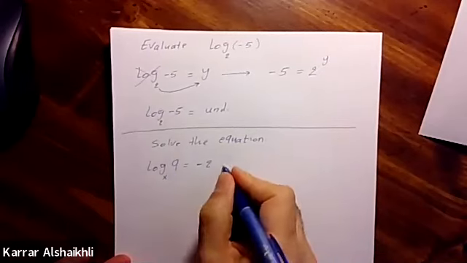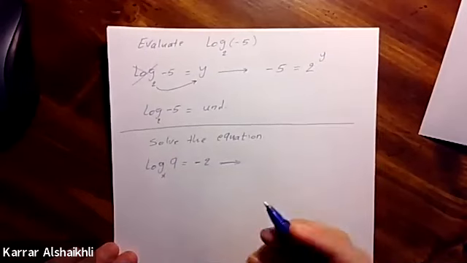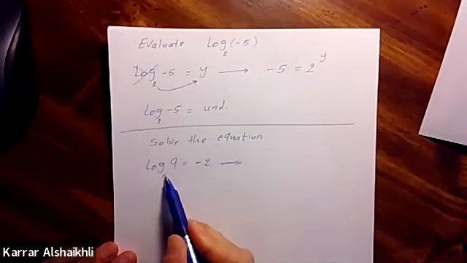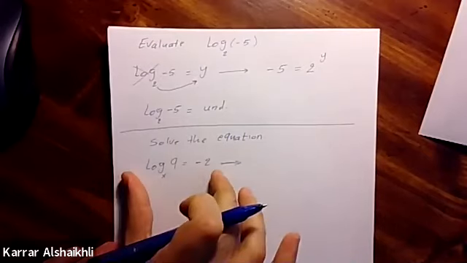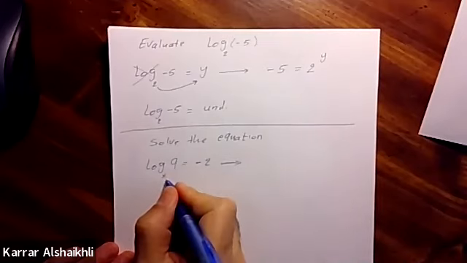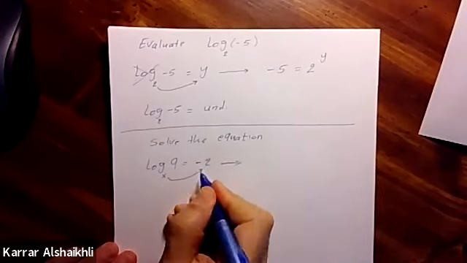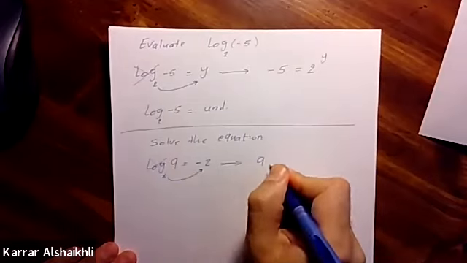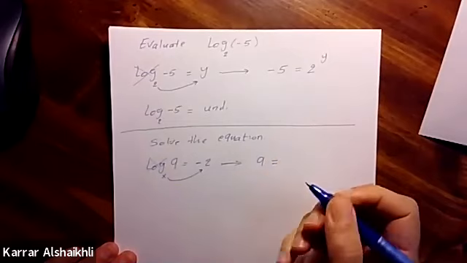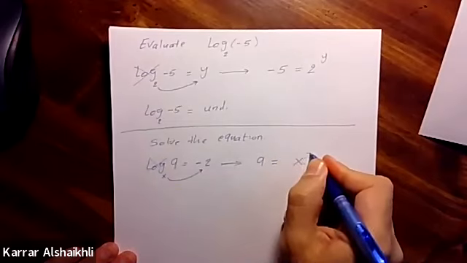So the first step, we need to find the value of x, and the x here is the base. We're going to convert from log form to the exponential form. So I'm going to move the base to the other side and cancel the log. The leftover from the left side is 9 equals x to the -2.